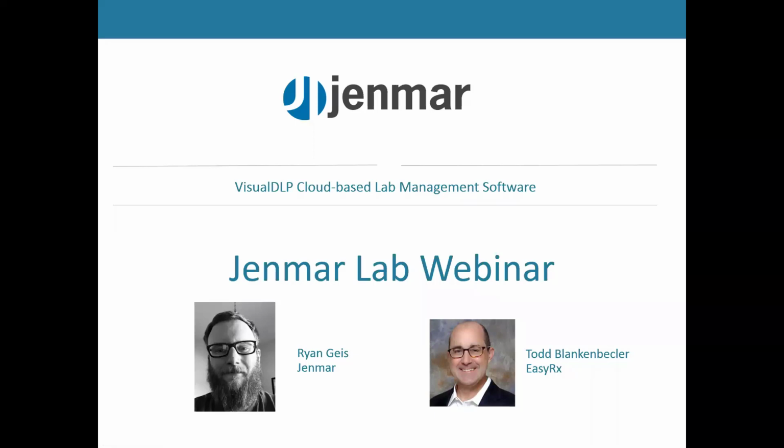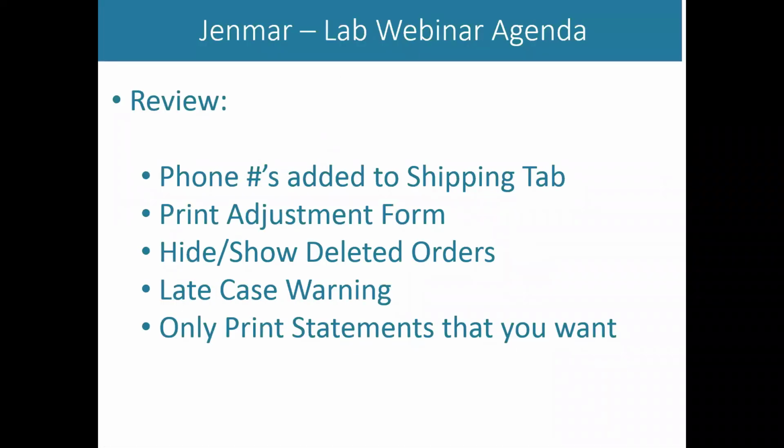But now that we can see this, we'll move on to the first real slide. Here's what we'll be going over today, some of the new things. Phone numbers have been added to the shipping tab. We'll show you where that is. We can now print adjustment forms, which is for our credits and debits pages.